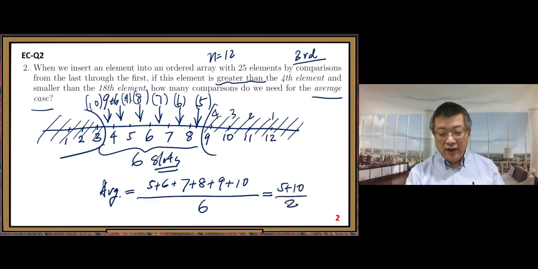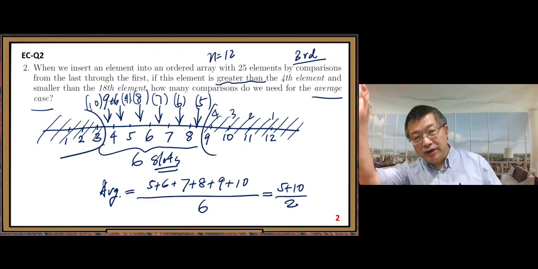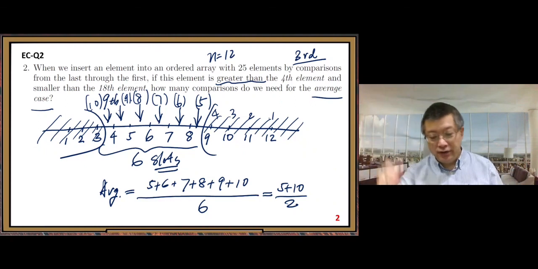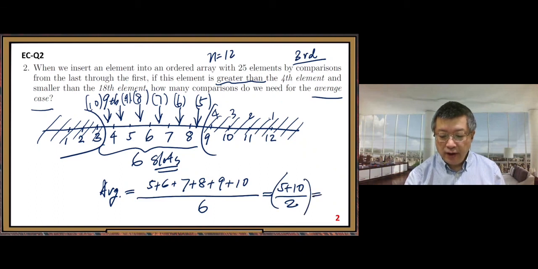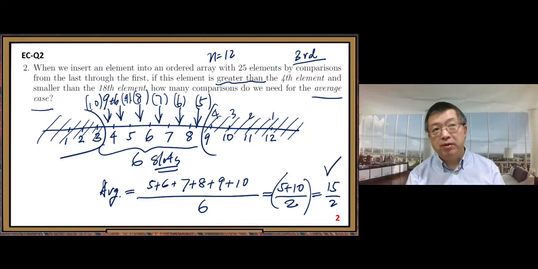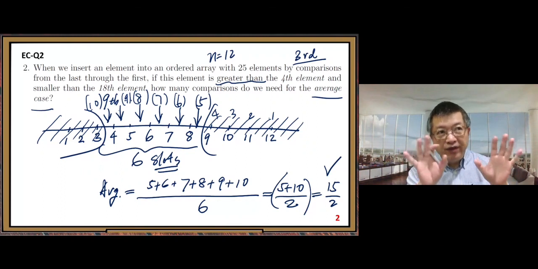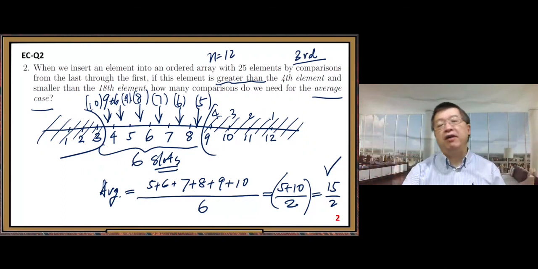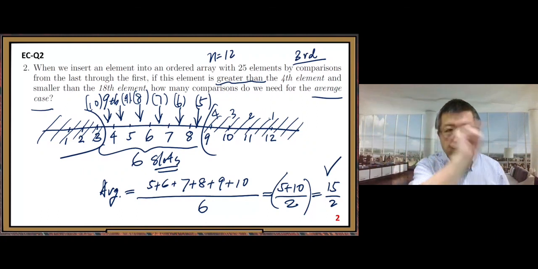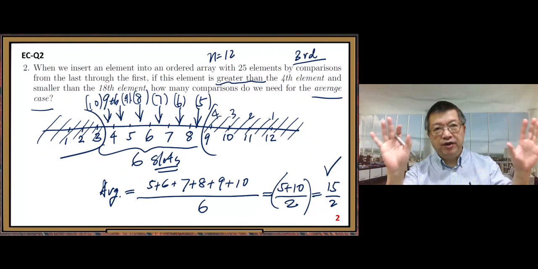Although the total we need to multiply 6 divided by 6, cancellation, so this number. 15 over 2. That is the answer. So here I use a special example. For our original question, you do it in a similar way, but you need to figure out carefully how many slots do we have. For each slot, how many comparisons you need to do. Then you take average.